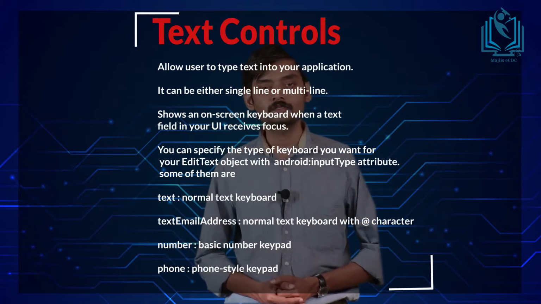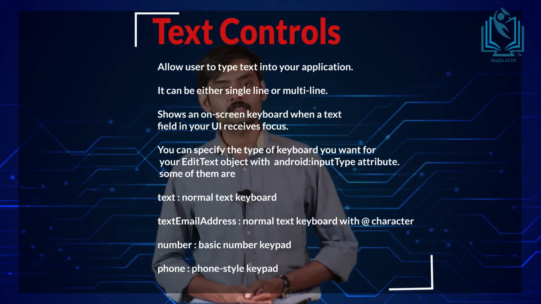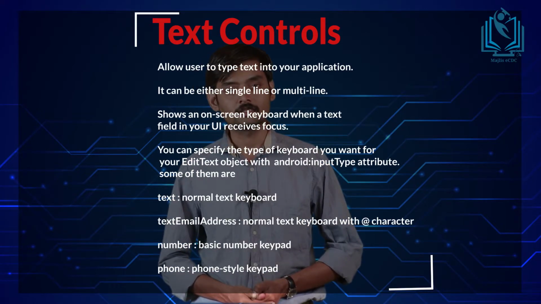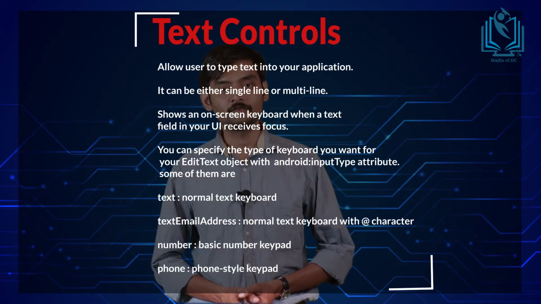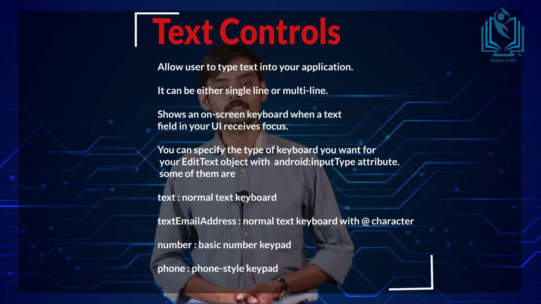We will start with the text controls. Generally we use two types of text controls, that is edit text and text view. If you want to represent a variable in a text field, we simply use text view, and if you need a label with the text box, we use edit text.